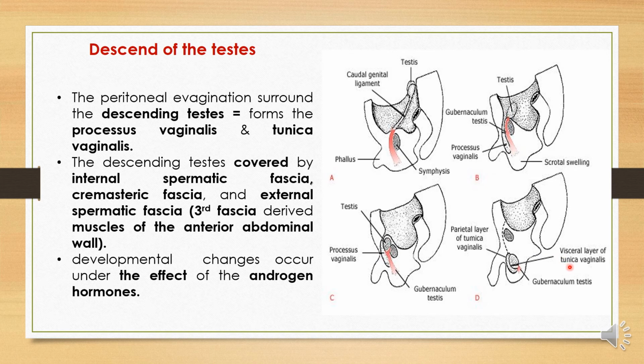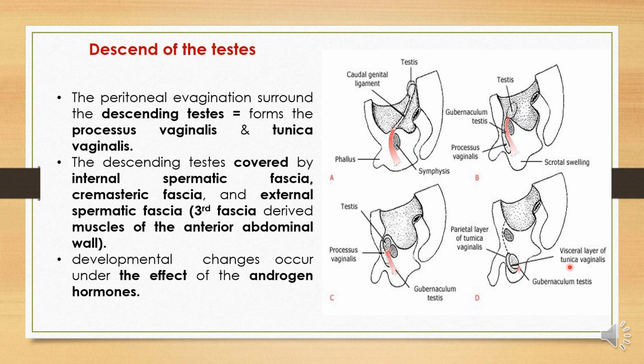Also, the descending testes are covered by the internal spermatic fascia, the cremasteric fascia, and the external spermatic fascia.